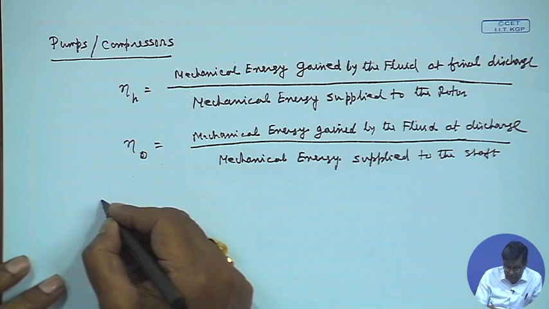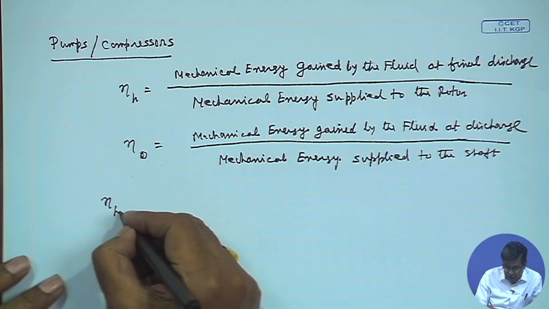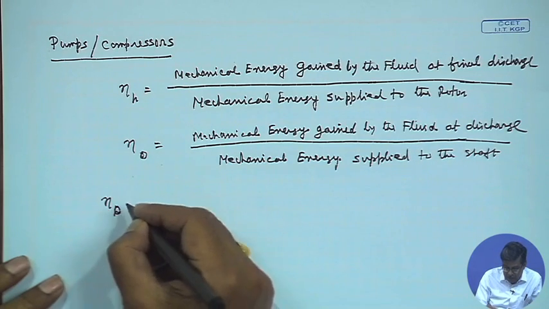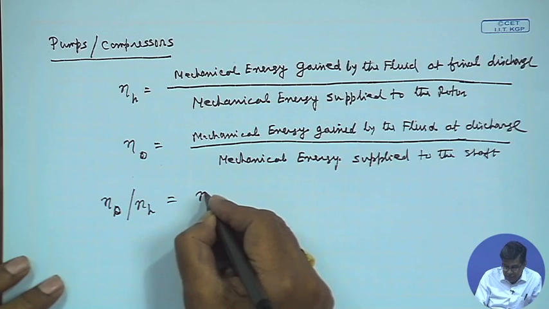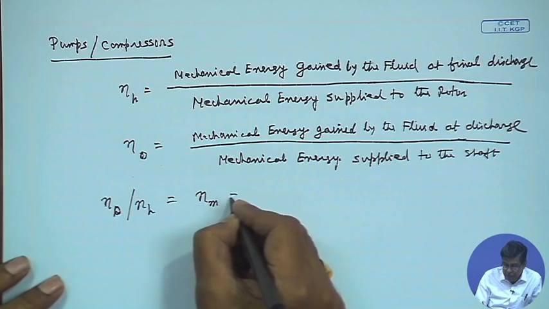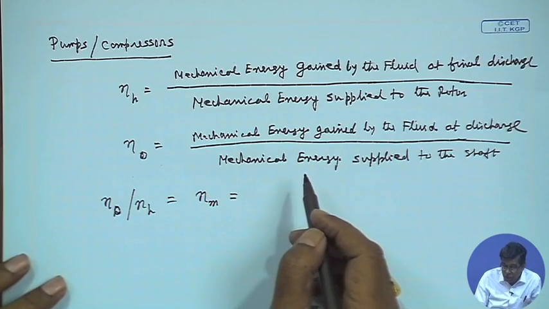So, overall efficiency deals with the energy supplied to the shaft and the energy gained at final discharge. In the similar way, the overall efficiency divided by the hydraulic efficiency is the mechanical efficiency, which is the ratio of what?